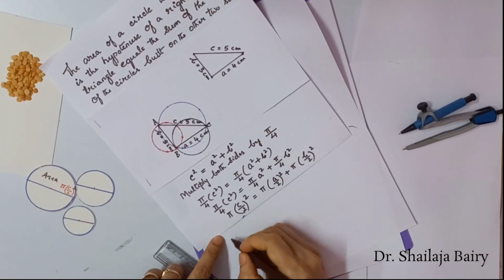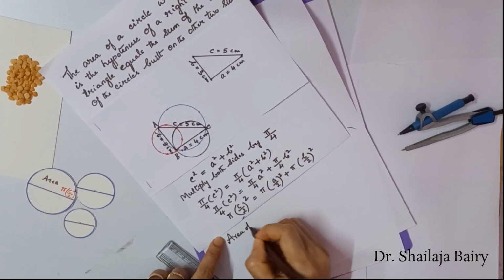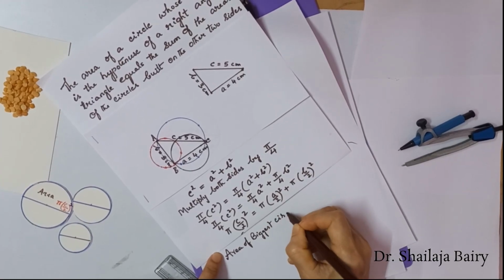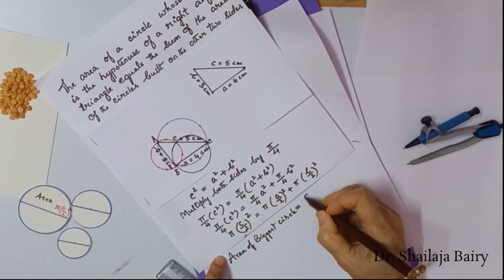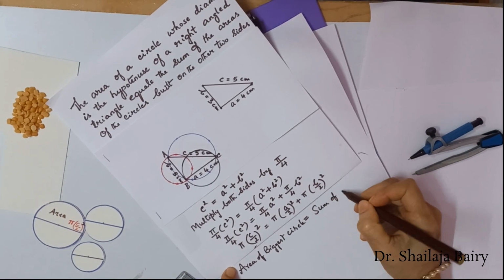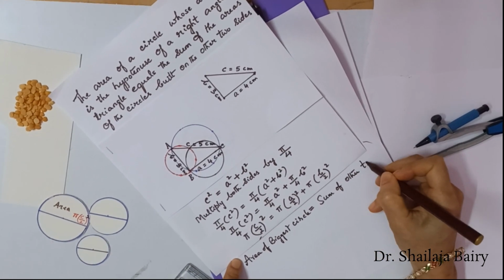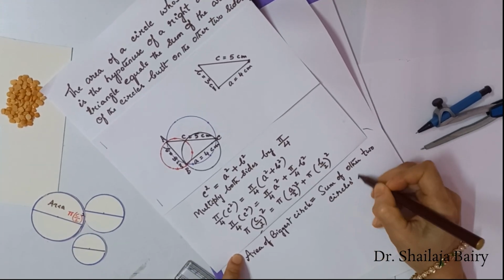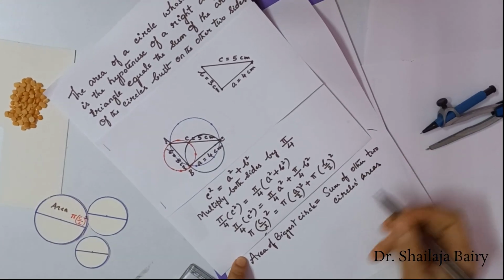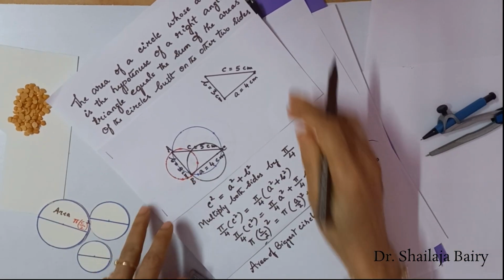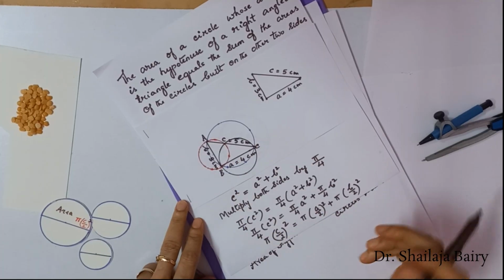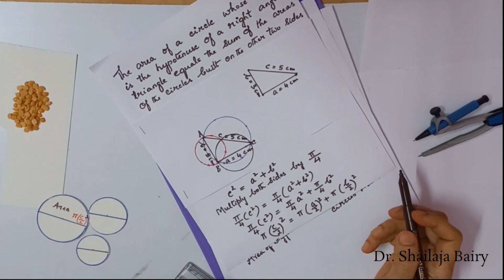So this is nothing but the area of the biggest circle being equal to the sum of the other two circle areas. This clearly shows the connection between the right-angled triangle and the area of circles.